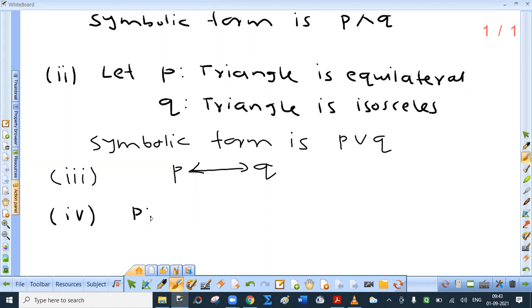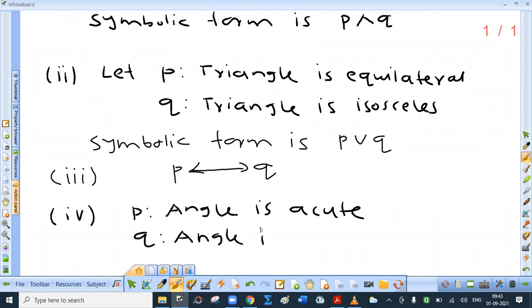Let P stand for angle is acute. Let me explain this. If you have any difficulty, you can ask me. Angle is acute. Q: angle is obtuse. Let me explain first.